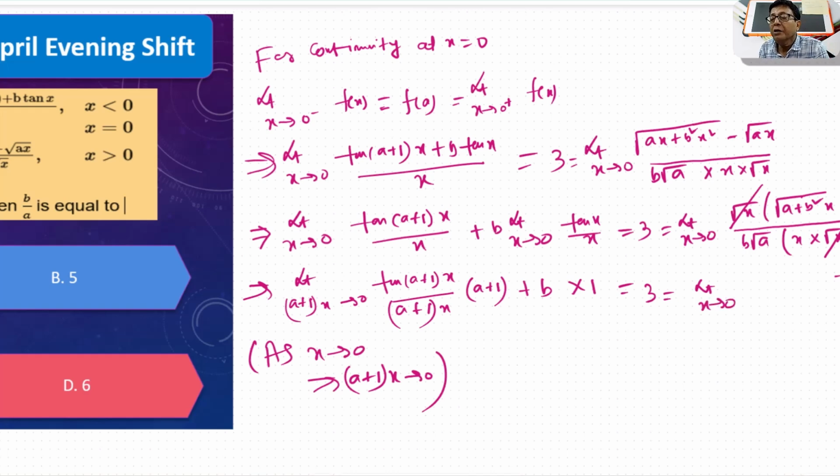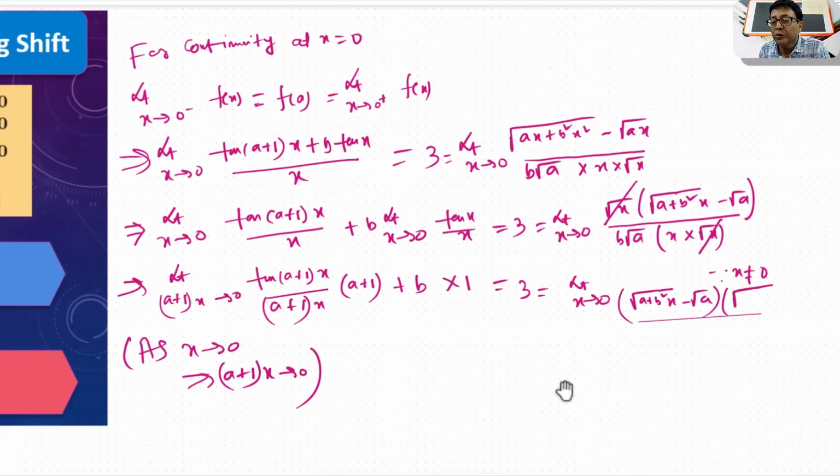for this part I would like to rationalize. Why? Because just a little bit of mental calculation: if you multiply this, a plus b square x, sorry, a plus b square x minus root a, by its conjugate, then it will change, by removing the root, to be in terms of x only.